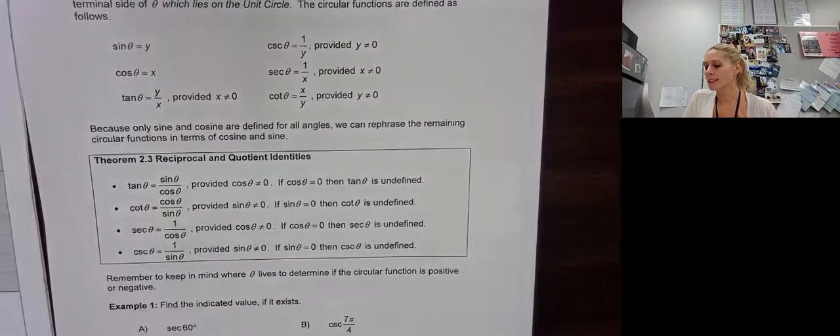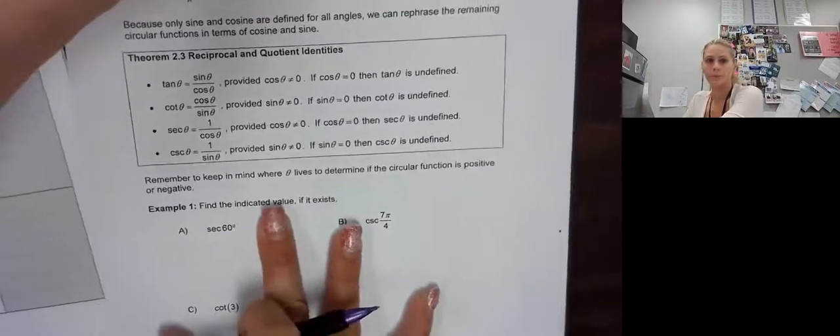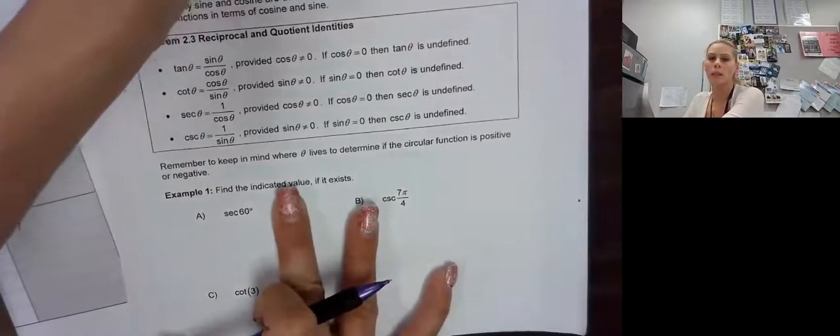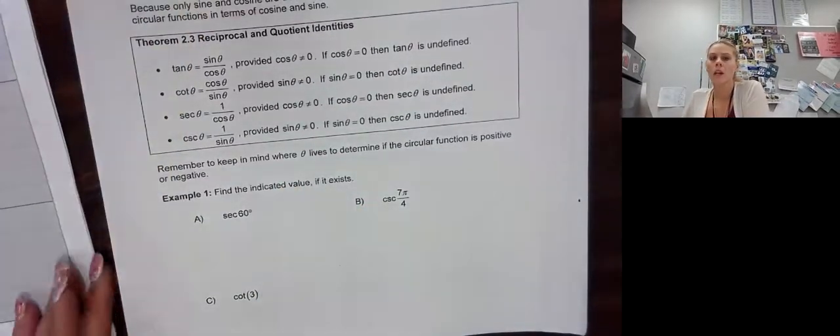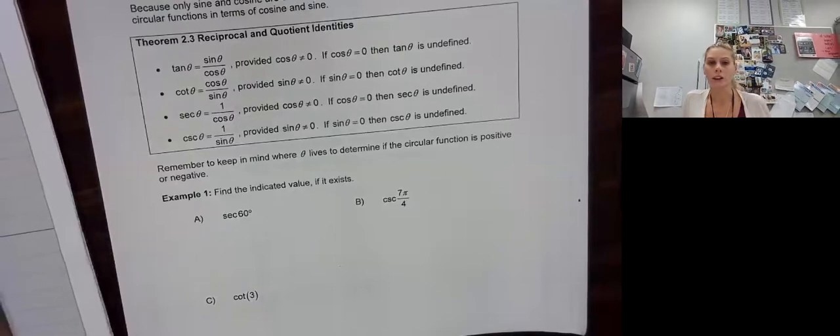These are some trig identities that you really want to make sure that you memorize so we can manipulate and find out these values without a calculator. So you want to keep in mind that we're talking about the circular function, and then we have to think about the positive, negative, and what quadrant it is, depending on what the question is asking.